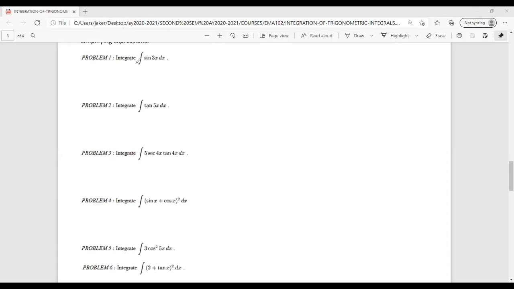Okay, so this is sine of 3x. If you're processing this, the argument of the sine should have its derivative here. The derivative is 3 dx.